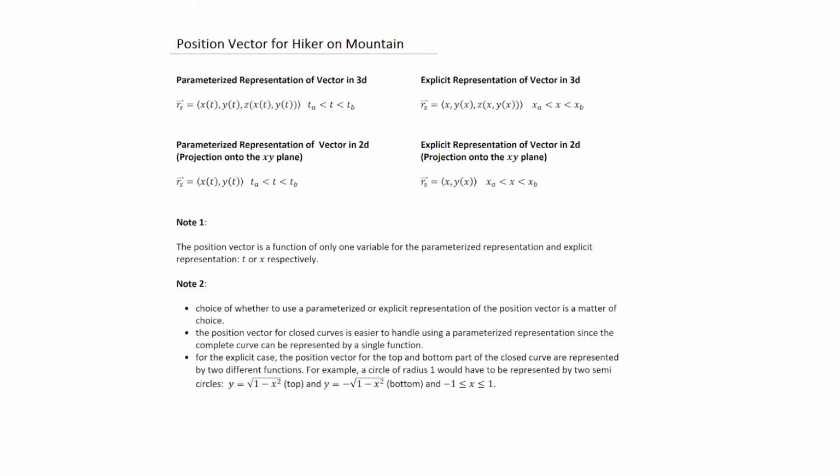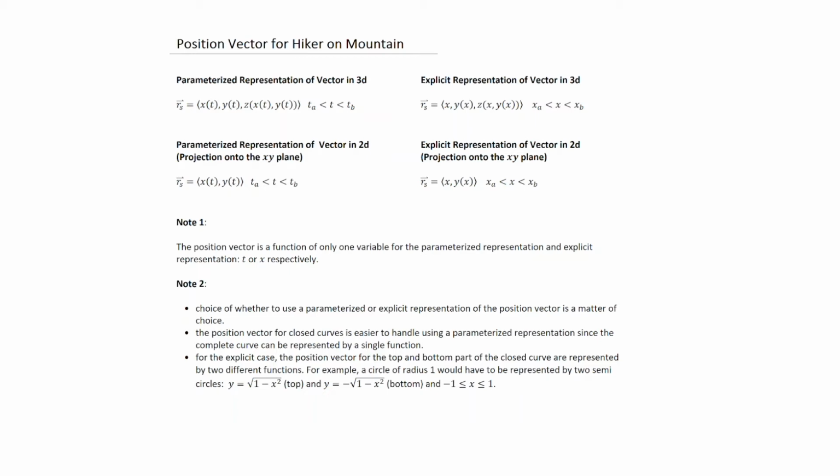We want to determine what the position vector is. So we're going to have the position vector to the surface and the projection on the xy plane. Now, the development of a position vector can be done in two different ways. One is a parameterized representation of the position vector in 3D, or an explicit representation of the vector in 3D.